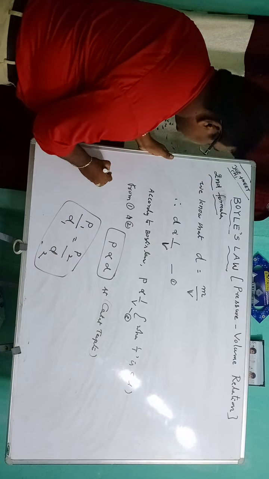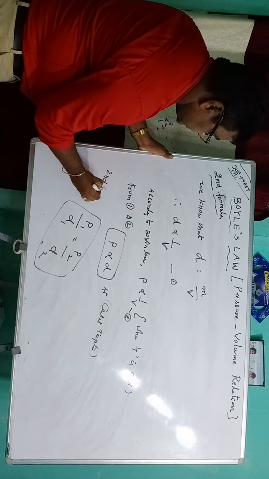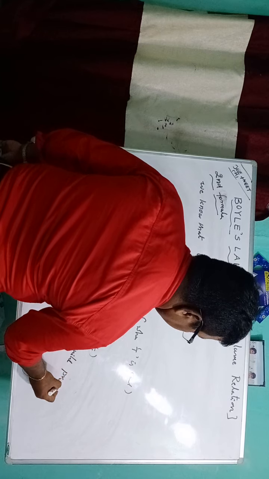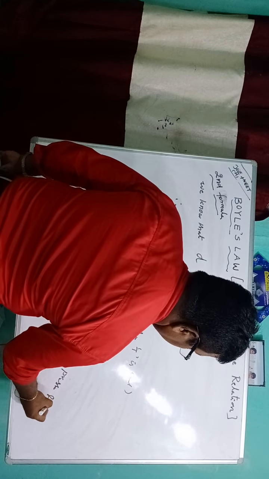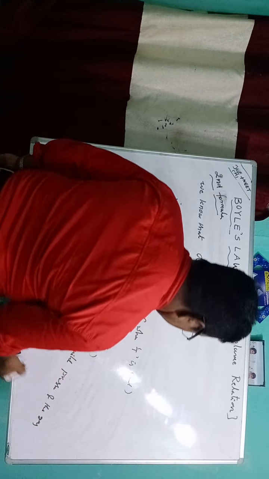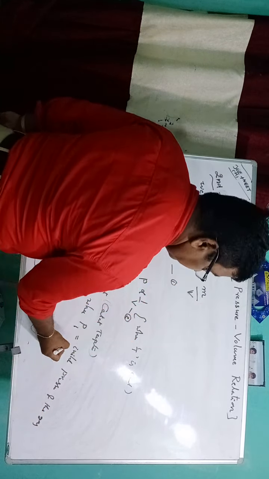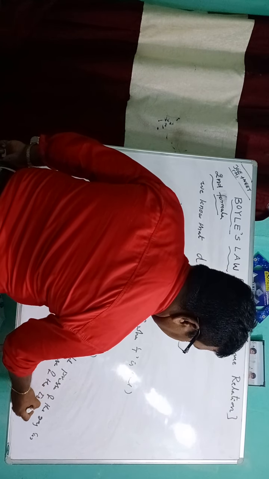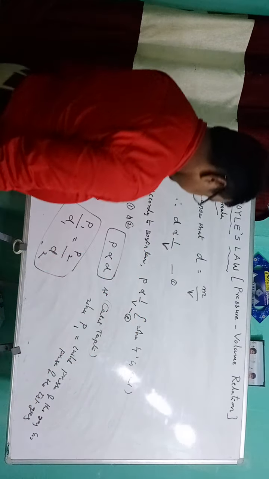So this is the second synopsis in Boyle's law, where P1 is equal to the initial pressure of the gas, or pressure of the first gas.